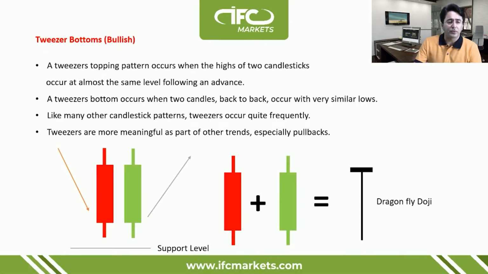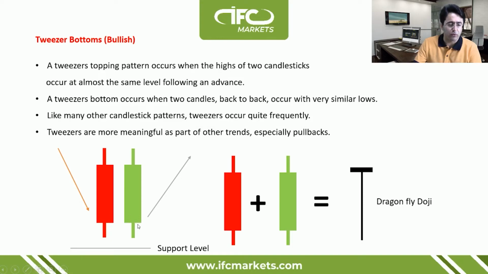Next one is tweezers: tweezers bottom or tweezers top. Tweezers bottom means that the candles are usually almost the same size, and their bottoms are usually at the same level.